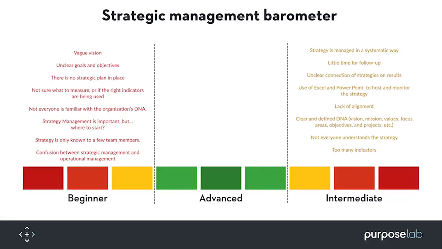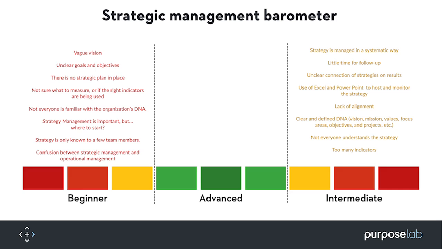They'll go from one extreme and try to go straight into the other one, which is an attempt to start applying strategy with all of the concepts that you're hearing, with no specific time assigned for follow-up, with very little maturity in terms of your model. You're using different systems that are not the best ones to keep track of your information. There's a lack of alignment because we have too many indicators. We're trying to do this with no specific order and no specific guidance.